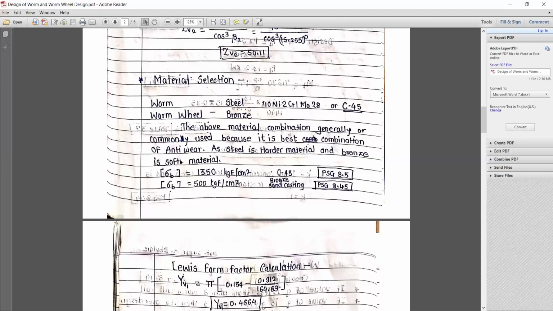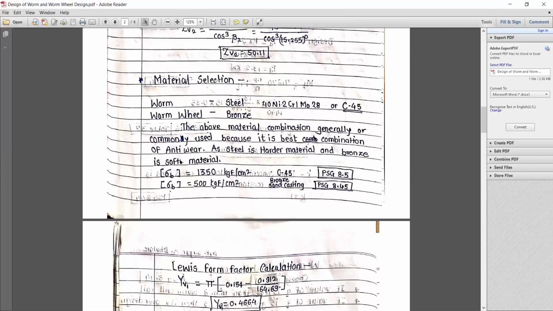First we have selected the material for the worm as steel, or you can say 40 Ni 2 Cr 1 Mo 28, or C45, and for the worm wheel it is bronze. Referring to PSG page number 8.5, the design bending strength for C45 material is 1350 kg per centimeter square.